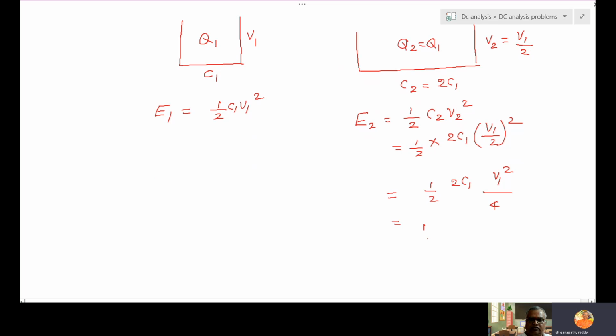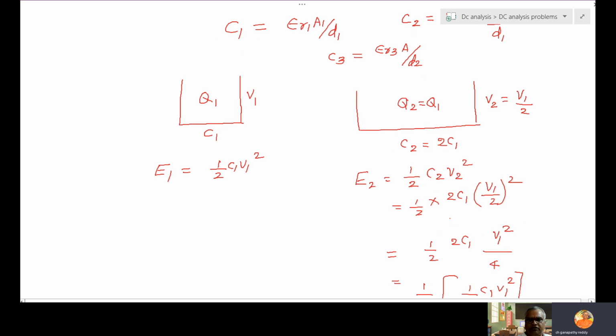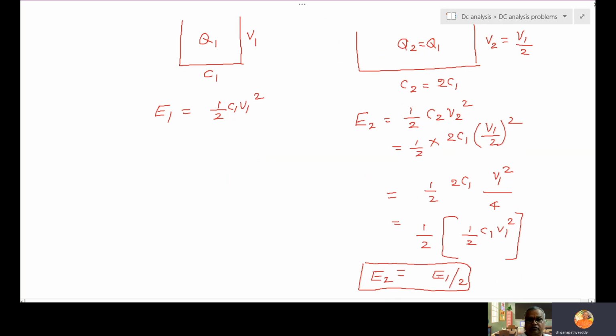So this is nothing but half into half C1 V1 square. So this is E1 by 2. So E2 is equal to E1 by 2. So whenever a container width is increasing by double, when quantity of water remains same, when level is reducing, energy is also reducing. So E1 by 2.